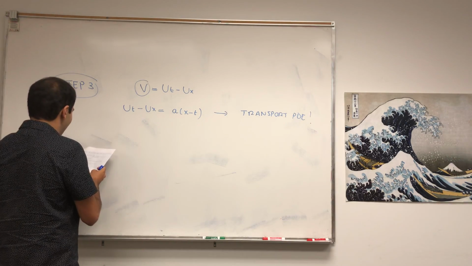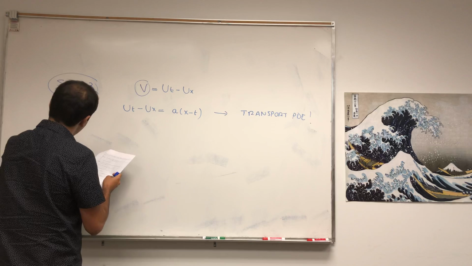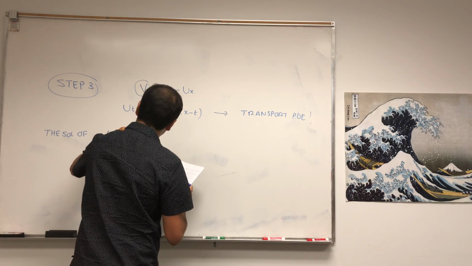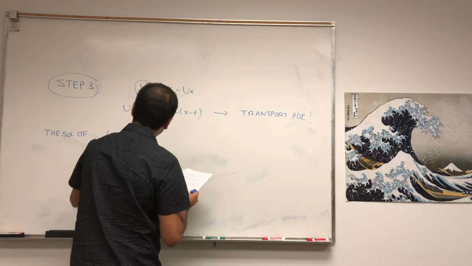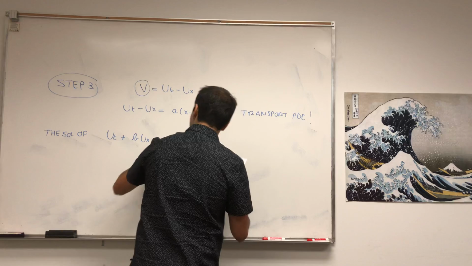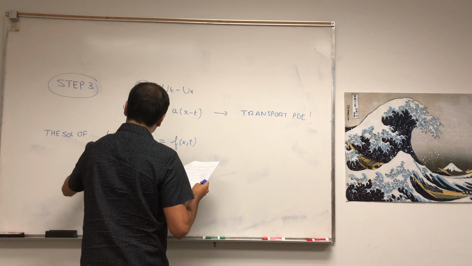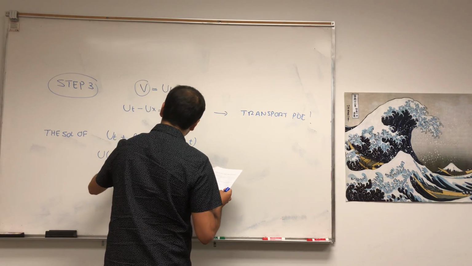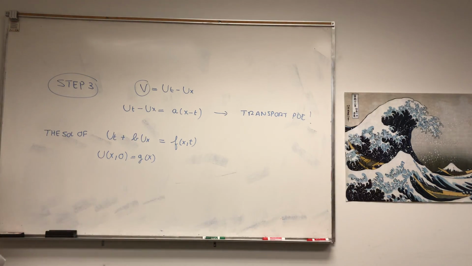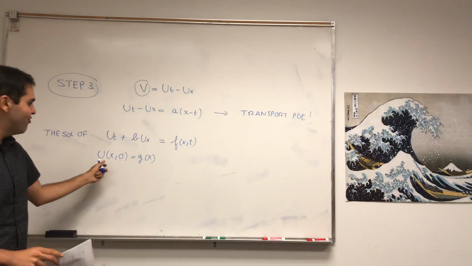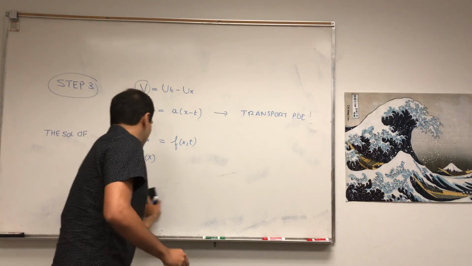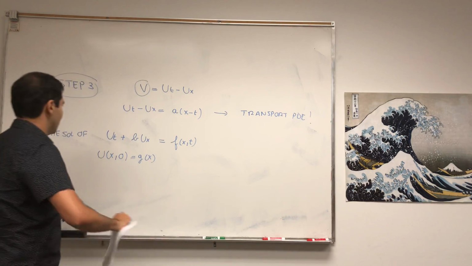So here's another fact. The solution of u_t plus, in this case again one dimension, b u_x equals f of x,t, and u of x,0 is g of x. I should have put another function here, like c of x, but in fact, remember the initial condition is that. So it turns out we can solve this.